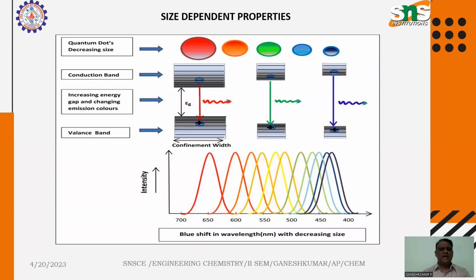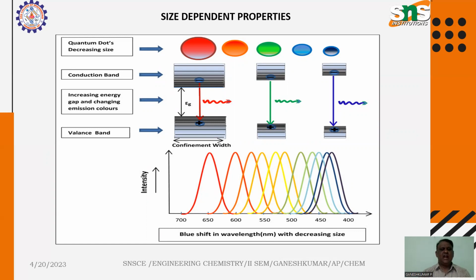This diagram explains the quantum dot size decreasing from the red color to blue, and the conduction band also is changing, and the energy between the valence band and conduction band is increasing. So this quantum confinement effect, that is the quantum dot effect, changes when the size becomes smaller and smaller and smaller.